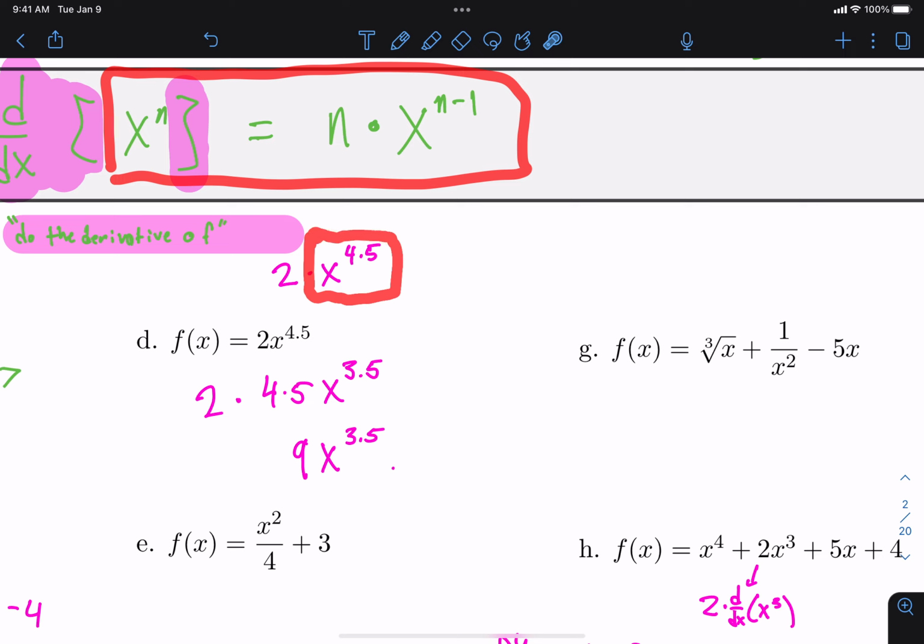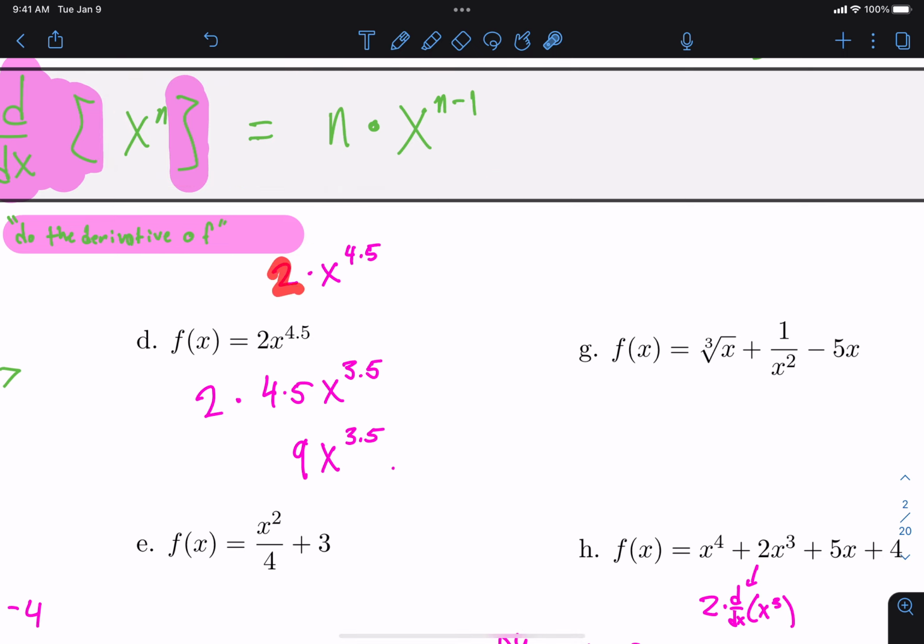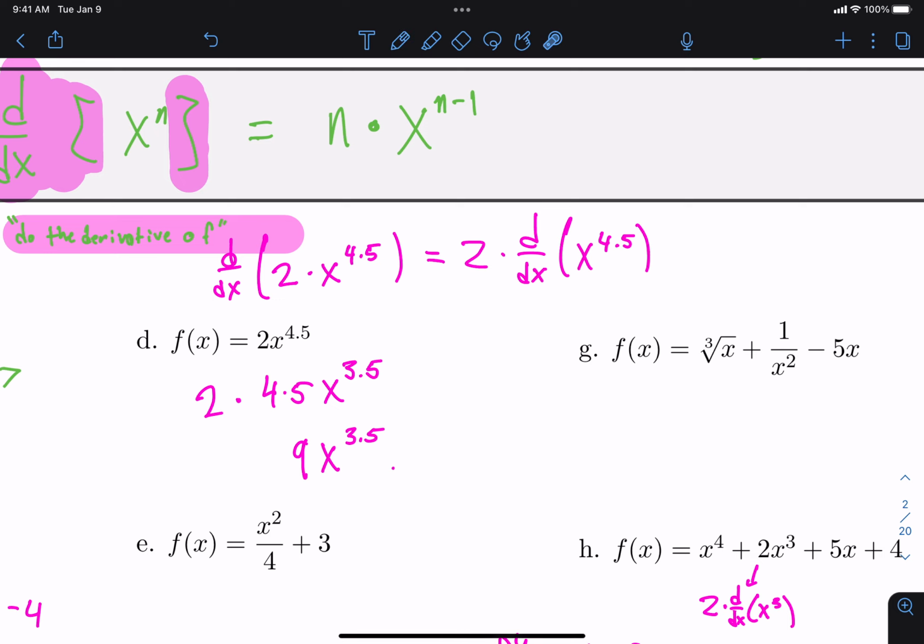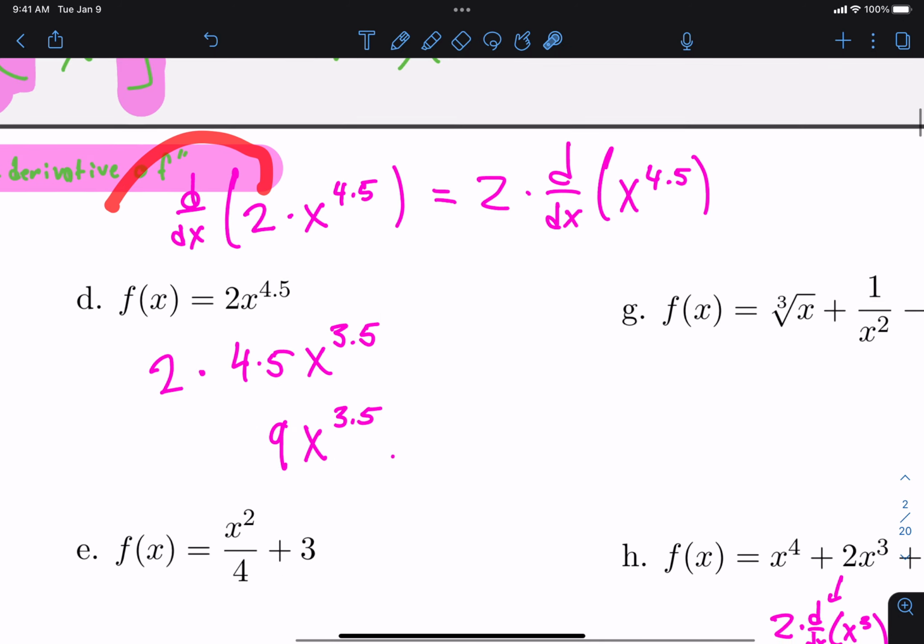What I mean by the constant multiple rule is that this 2 here is just going to hang out. So the derivative of all of this is 2 times whatever is the derivative of x to the 4.5. So what I mean by the constant multiple rule here is the fact that this 2 can come out. All right? Does that answer your question?